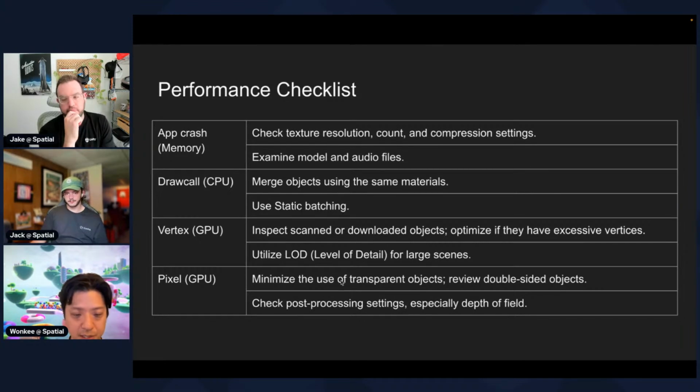It'll be better to reduce the transparent objects, and if there's any double-sided object, just disable it to have better performance. Post-processing should be okay, but maybe you can disable the depth of field if your performance is still bad without these issues.